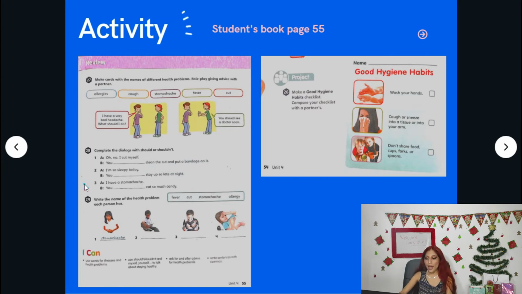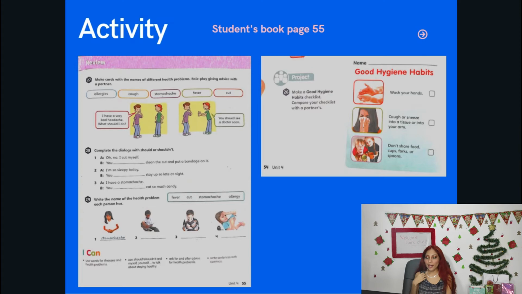Number 2: I'm so sleepy today. And B says, you blank stay up so late at night. Should or shouldn't? And then we have letter A, I have a stomachache. You blank eat so much candy. Should, shouldn't.